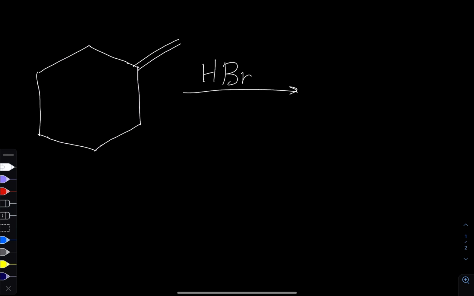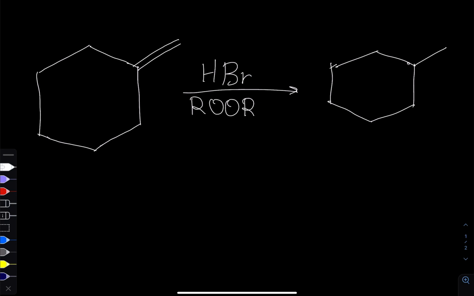Go ahead and try this problem, and let's include peroxides again. So again here, bromine will go on the least substituted carbon.